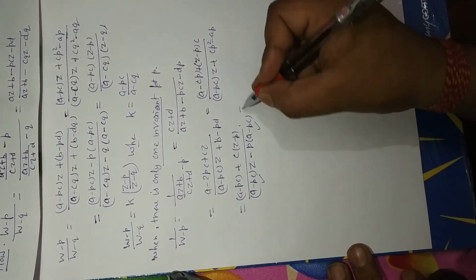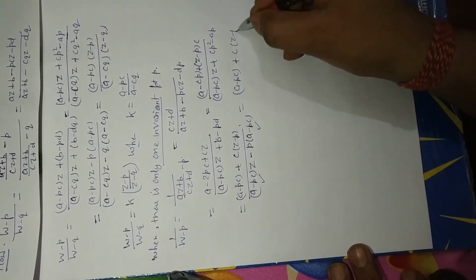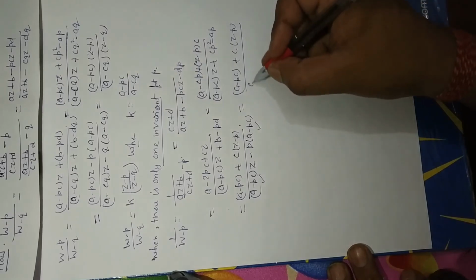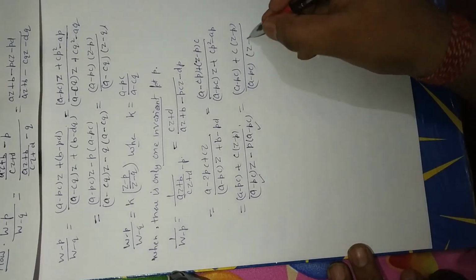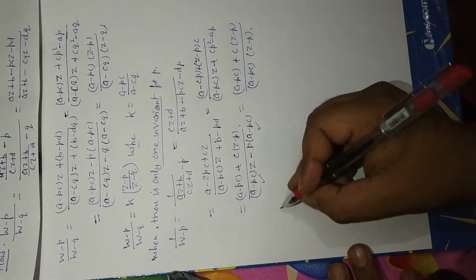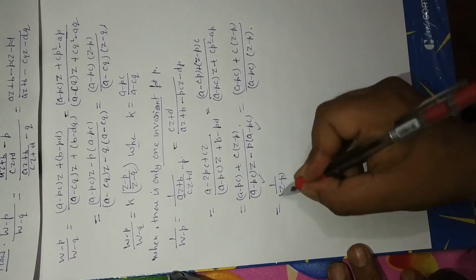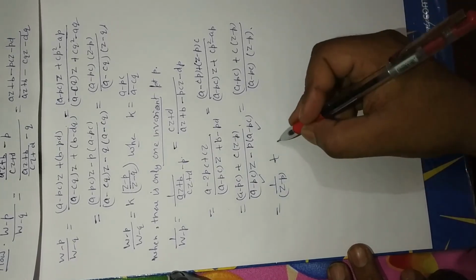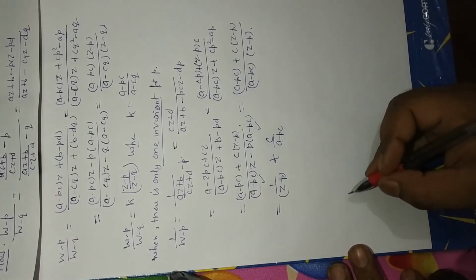Now A minus PC common, (A minus PC) plus C(Z minus P) upon (A minus PC) into (Z minus P). Now this is equal to 1 upon Z minus P plus C upon A minus PC.